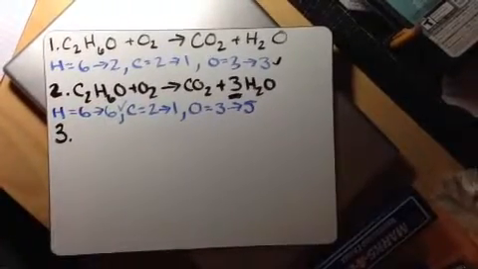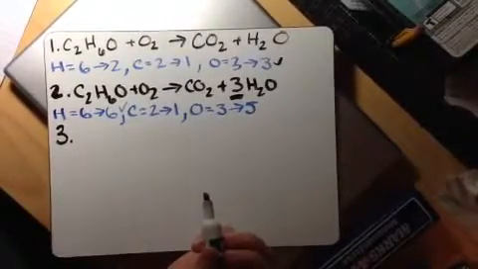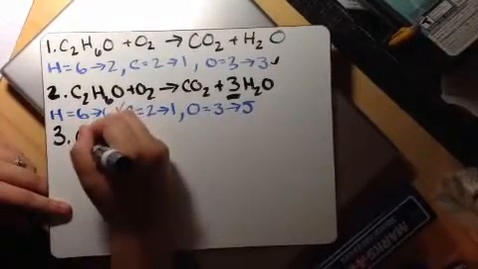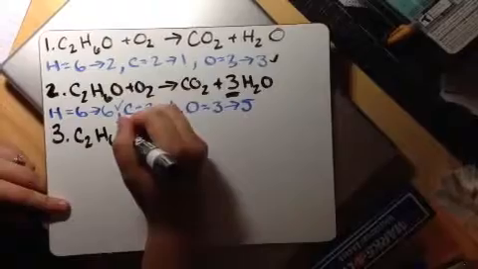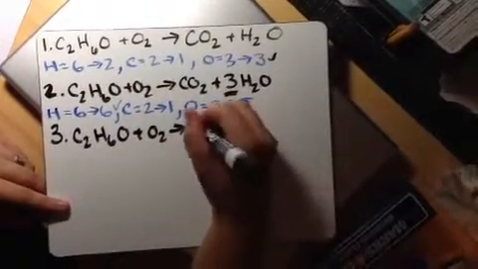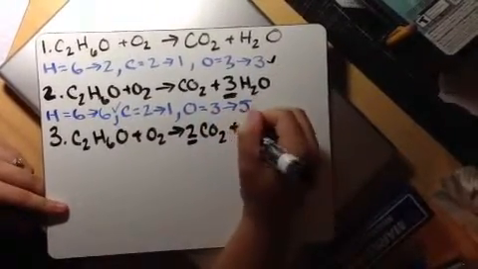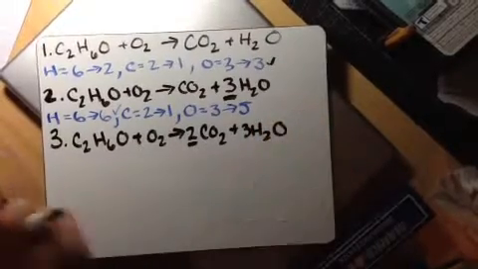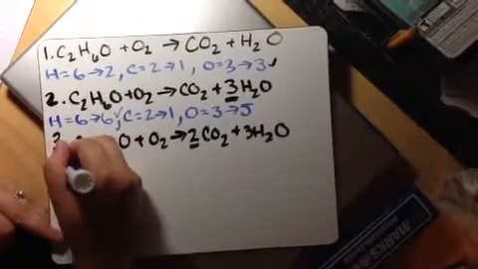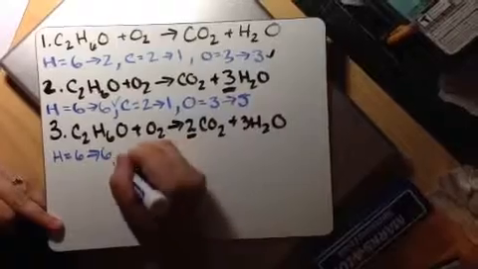Step 3. Now we're going to try and fix the carbon. So we're going to have C2H6O plus O2 reacts and becomes 2, that's our new one, CO2 plus 3H2O. So now for hydrogen we have 6 creating 6.